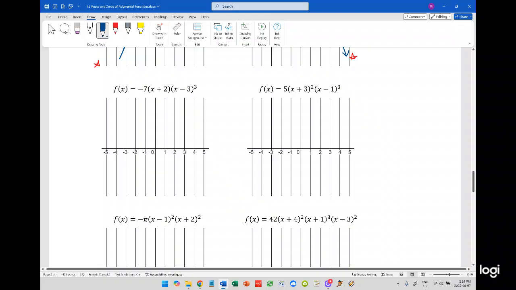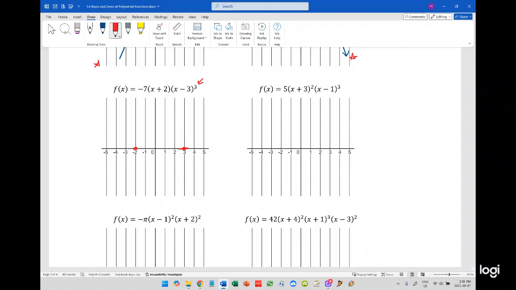This one's similar. We've got an order 3 root and an order 1 root. The regular root is at -2. The other one is at +3, and it's got to go flat at that point. But because it's an order 3 root, it's going to go flat, but it's still going to pass through the axis. Now, in this case, we have an order 1 and an order 3. That's a total of degree 4.